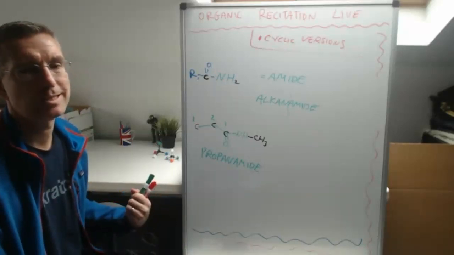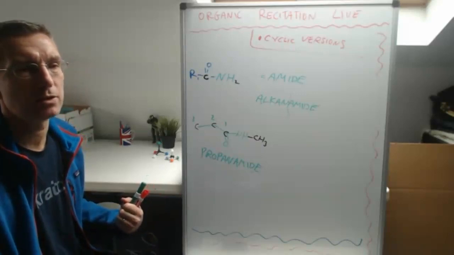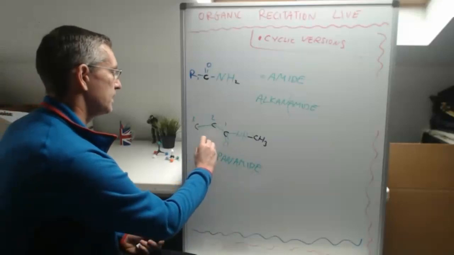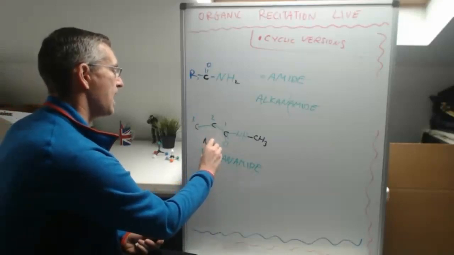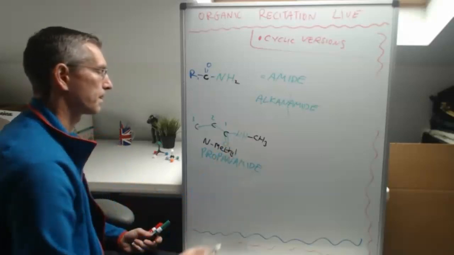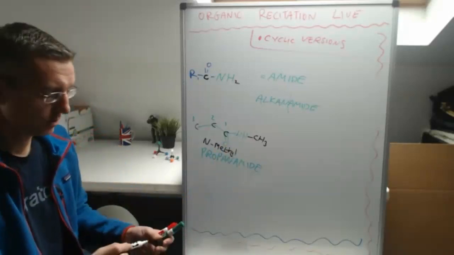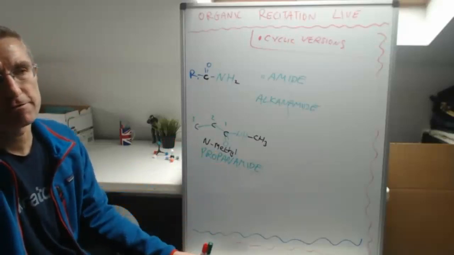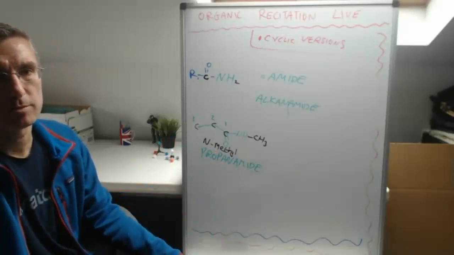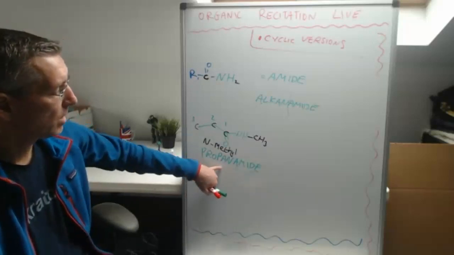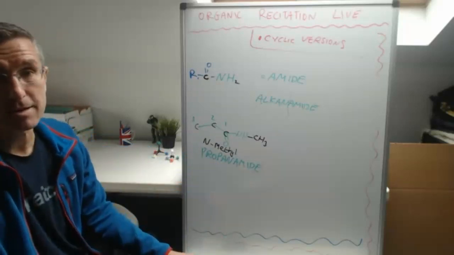And in chapter 19, you learned how to handle substituted nitrogens. So we would then name this as N-methyl propanamide. So the N-methyl is telling you that the nitrogen has a methyl substituent, and it's still based on a 3-carbon amide.